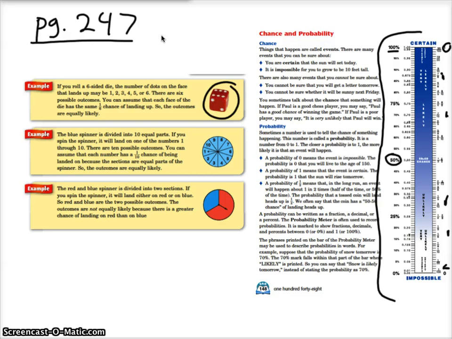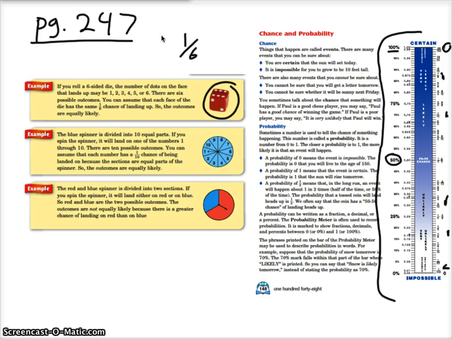So you throw the dice and you roll a 3. What is the chance of rolling a 3? We know that there are 6 outcomes, and 3 is only one of those 6. So we would write it as a chance of 1 out of 6 of rolling a 3. Now, is it equal? That's the other thing we want to look at when we're talking about probability. Are there equal outcomes?